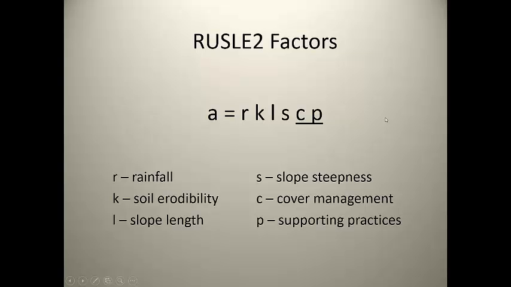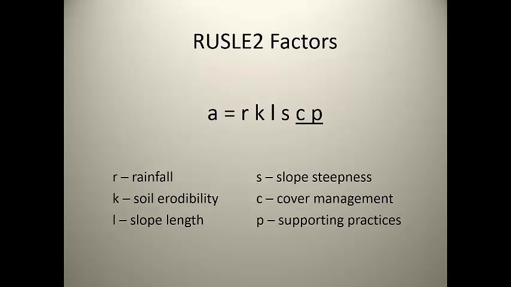And again, as I stated in talking with Judy Derricks, what we thought we should do is start with the basics. So the RUSLE2 factors that are involved: A is in tons per acre per year.